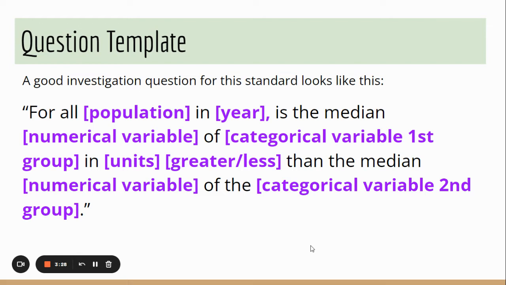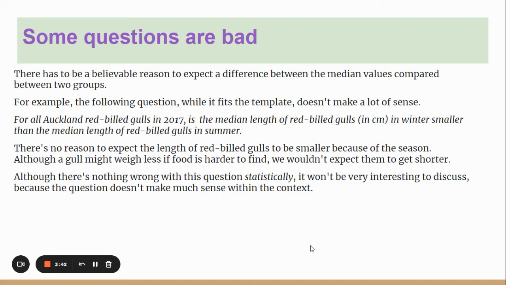In units, whatever the units are, greater or less than, taller or smaller, or whatever those particular comparison words are, then the median of the numerical value for the second categorical group. So if you follow that template, you should be right.